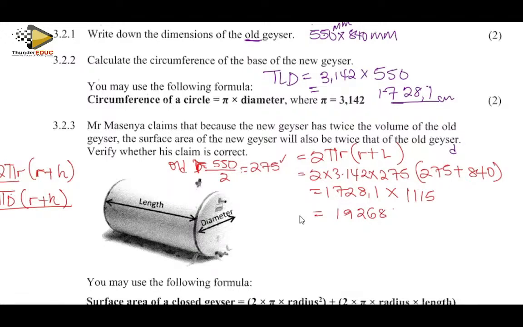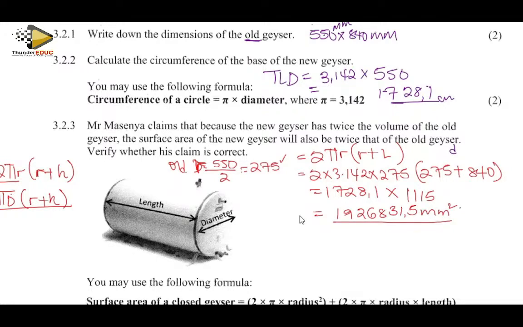When we multiply these two, we have that much. Remember, this is surface area.